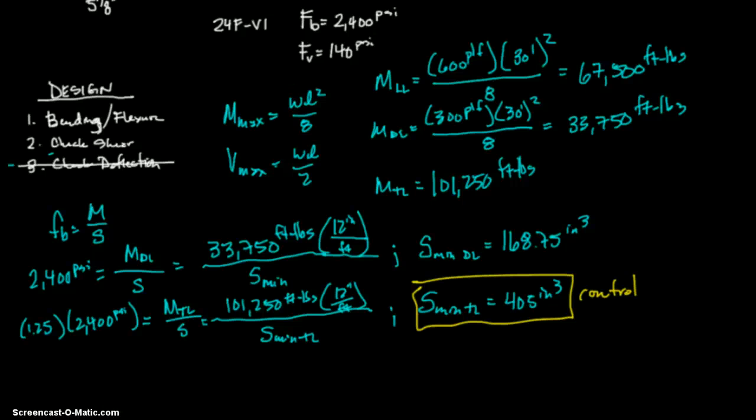So we go to a table on page 56, go down to your width, 5 1/8, and just go down until we get over 405 for S. I would say 5 1/8 times 22.5, and you get 432.4 for S. And that was how tall? 22.5 inches.